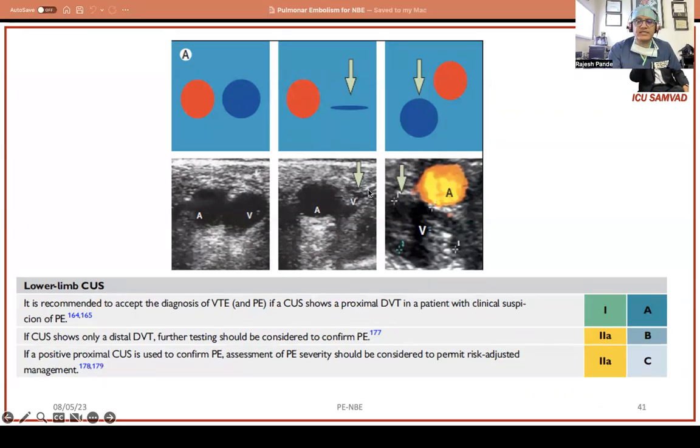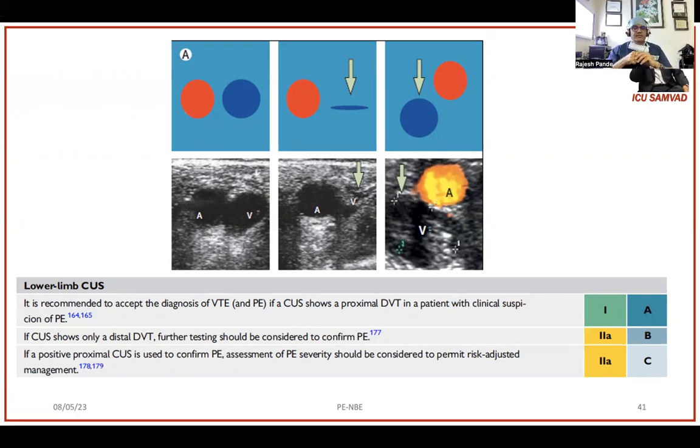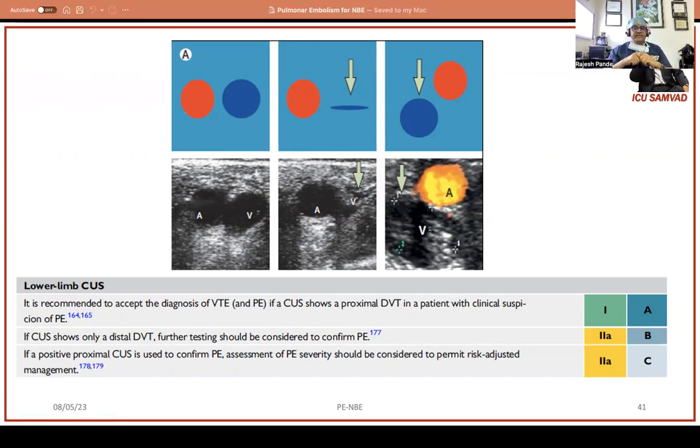The vein is completely collapsing in the groin, and if there is a thrombus, then the vein will not collapse. But the proximal DVT is of importance, not the distal DVT. So if proximal DVT is found in the compression ultrasound, then the assessment of PE severity should be considered to look at the further management.